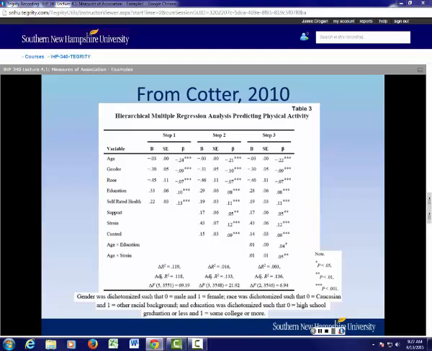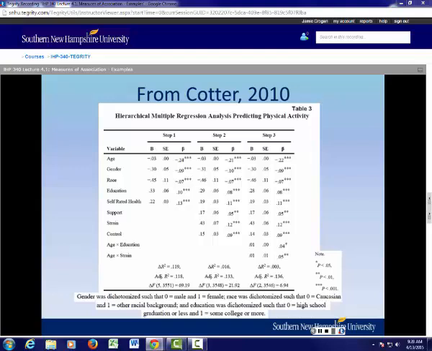Then way at the bottom it starts giving you information about how much variability is accounted for. They give you the delta r squared, that's that little triangle, delta, or change in r squared. The change in r squared, when you went from no variables in the equation to these 5 variables, was 11.9%.